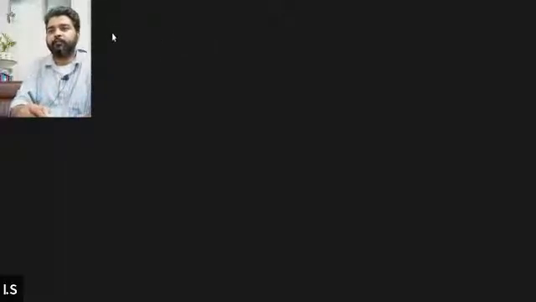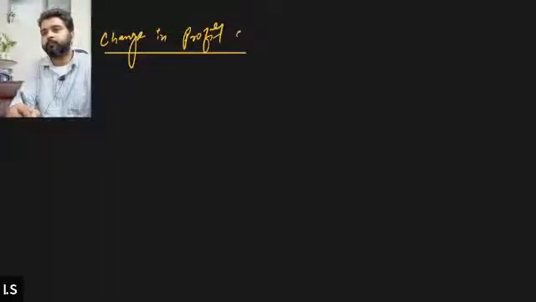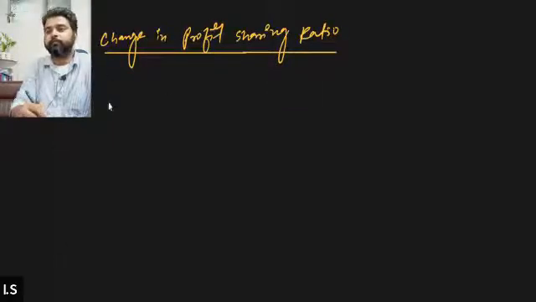So whenever there is a change in profit sharing ratio, there may be someone who is gaining, and someone who may be sacrificing. So how do we find out the gaining and sacrificing share of the partner?